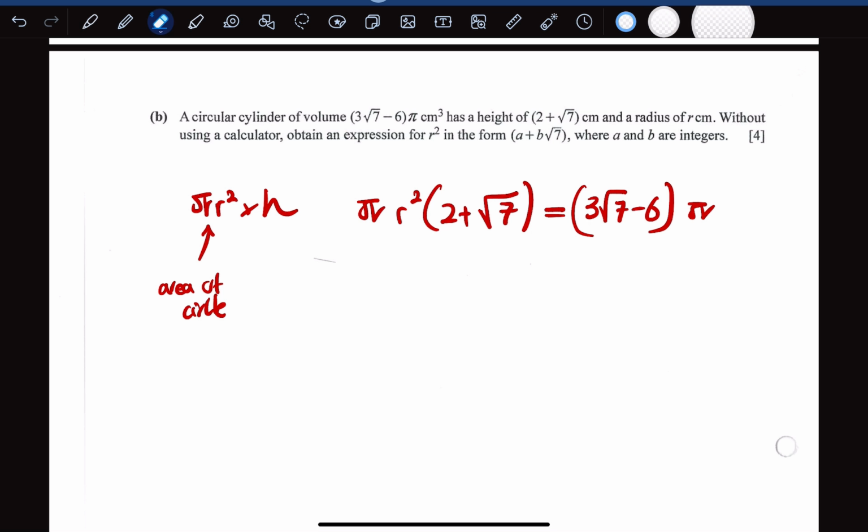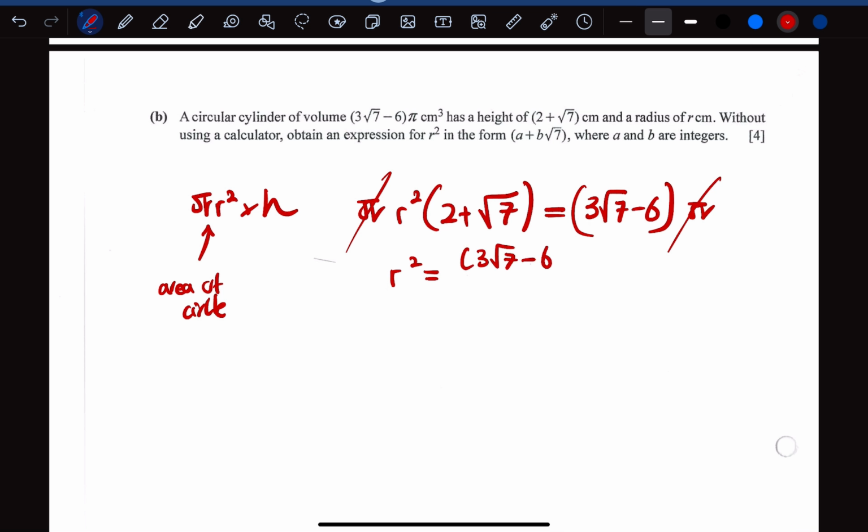Now these two are equal. The pi on the left and right side cancel out. I just get my r squared equals, bringing the denominator over, so I divide, and over here I will need to rationalize by the conjugate. So I multiply it by (2 minus root 7) over (2 minus root 7).